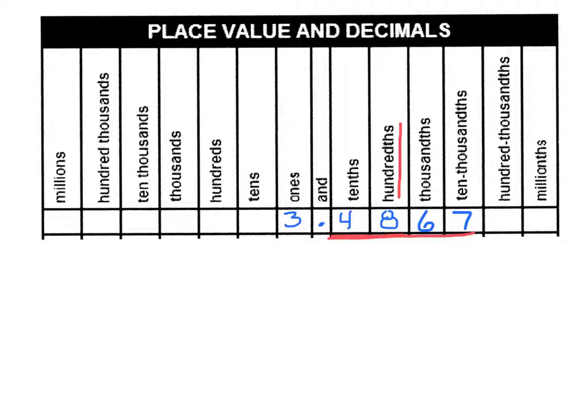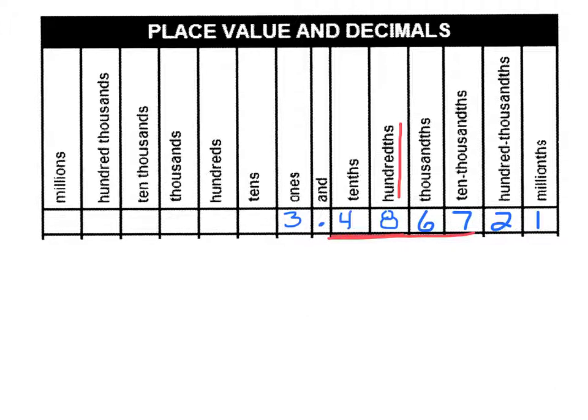If I added another number here, now I have 3 and 48,672 hundred thousandths. And if I added one more, then I would have 3 and 486,721 millionths.